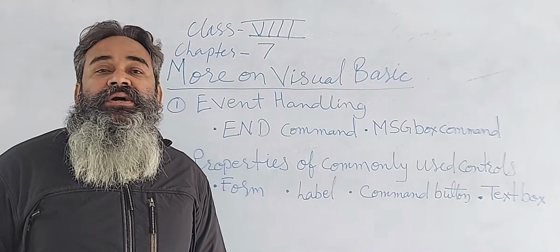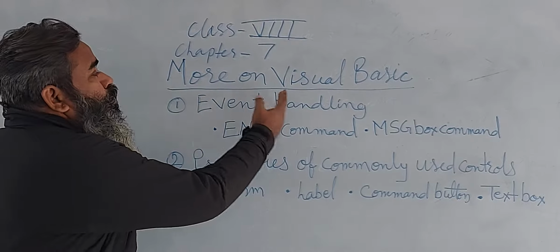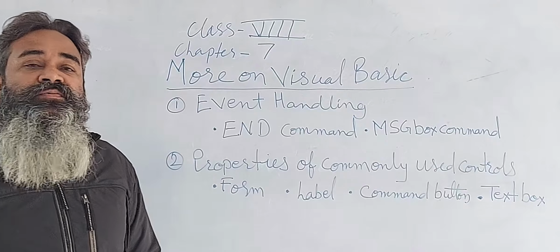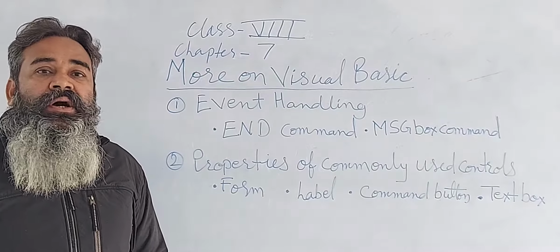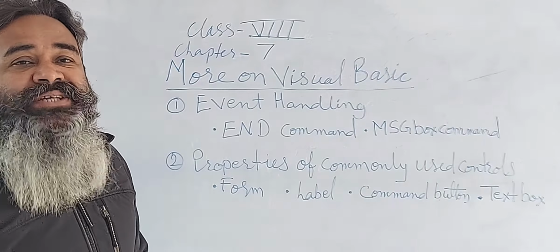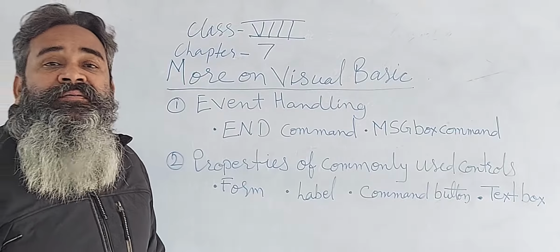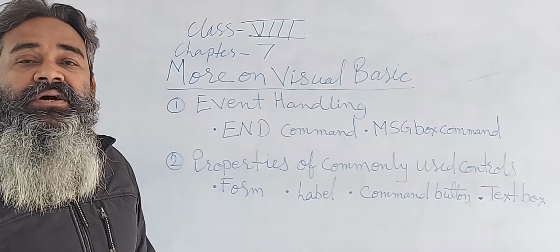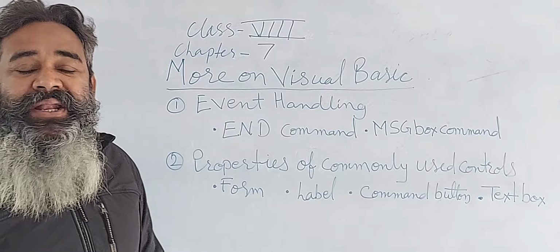Today we start our new chapter, chapter 7, more on Visual Basic. In the previous chapter, Visual Basic 6.0, we discussed the Visual Basic language. Visual Basic is an object-oriented language where we can put some commands to execute our work in a particular manner.